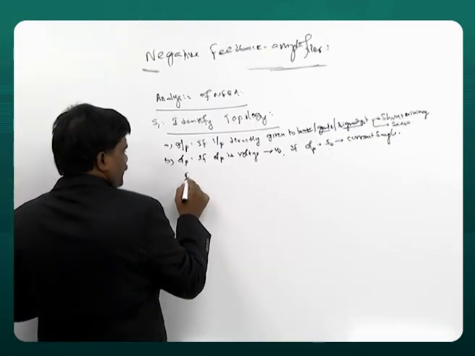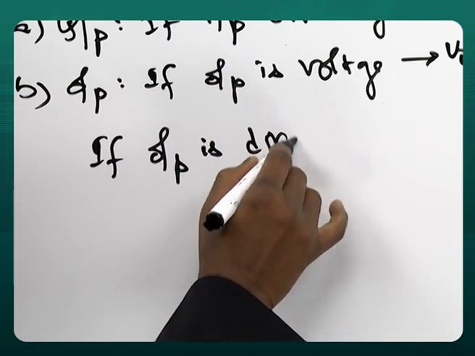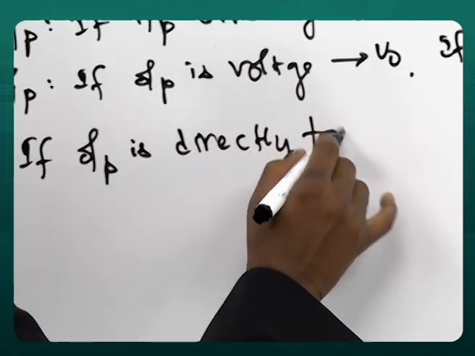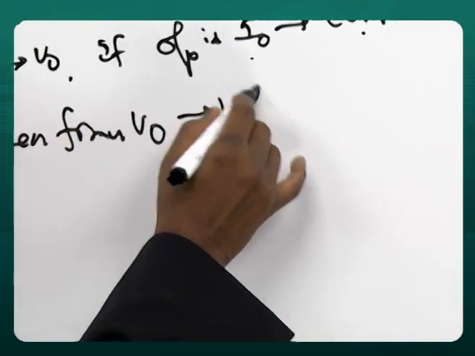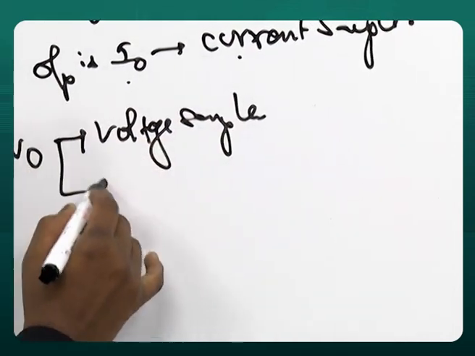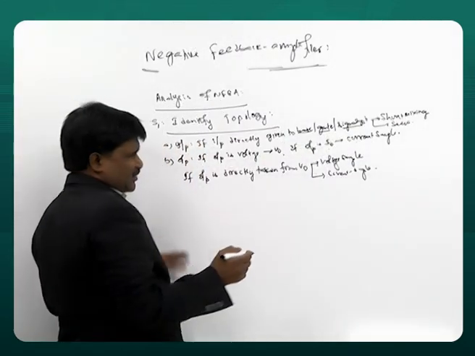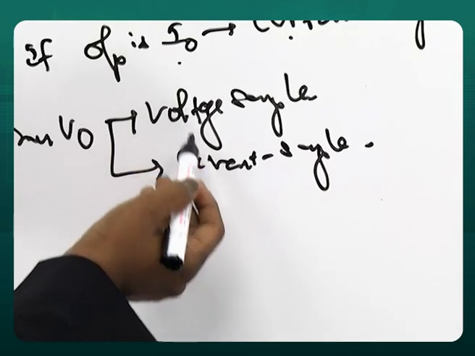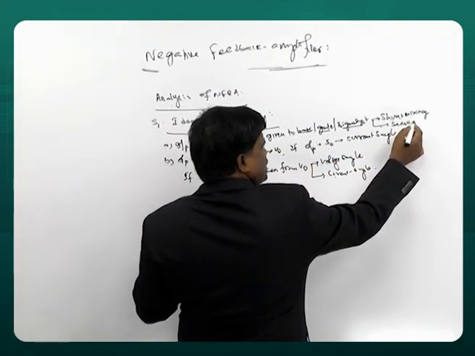Here, if output is directly taken from V0, then it is voltage sample. Otherwise what? Current sample. Therefore you have two options: voltage sample, otherwise current sample; shunt mixing, otherwise series mixing.